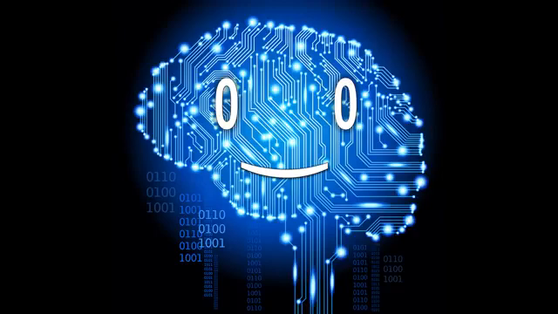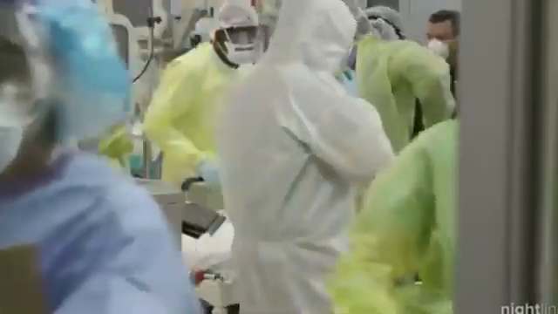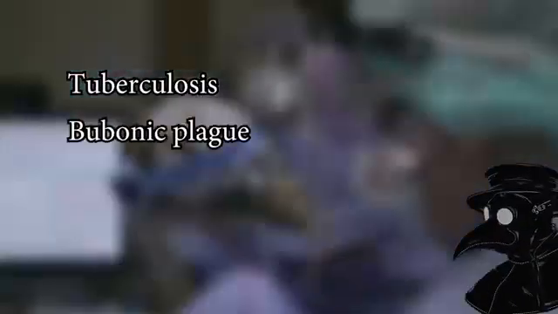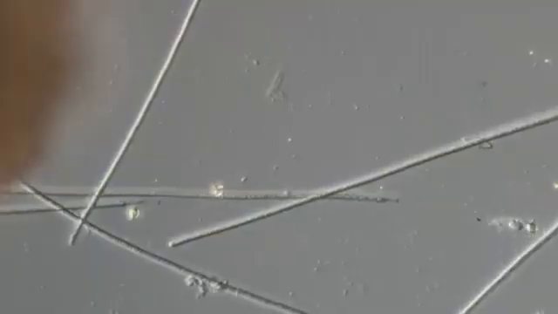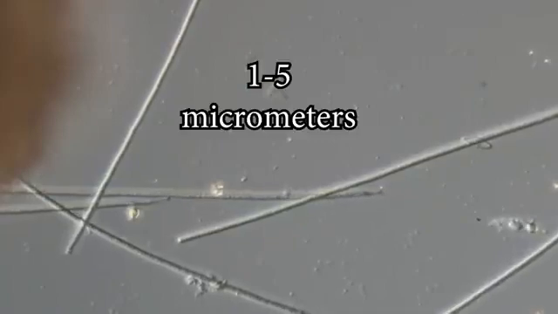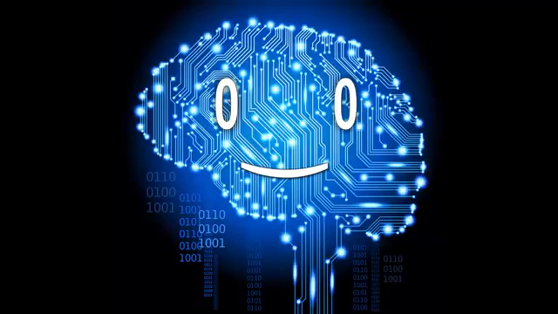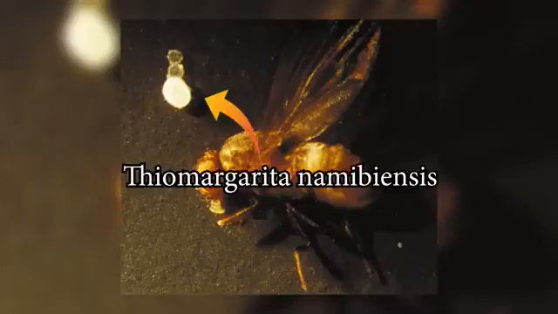And while some of them are helpful for digestion, certain species of bacteria are responsible for diseases like tuberculosis or the bubonic plague. Their size typically varies between 1 and 5 micrometers in length. However, there are a few species that are visible to the unaided eye, like the Margaritinum, which can reach up to a millimeter in size.